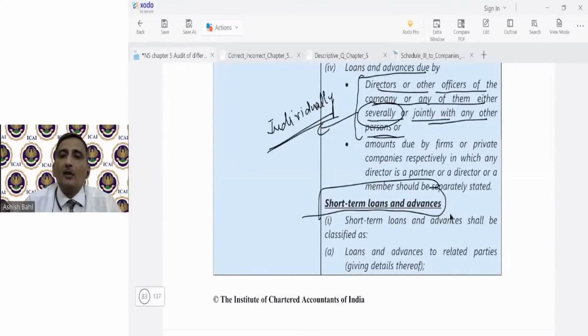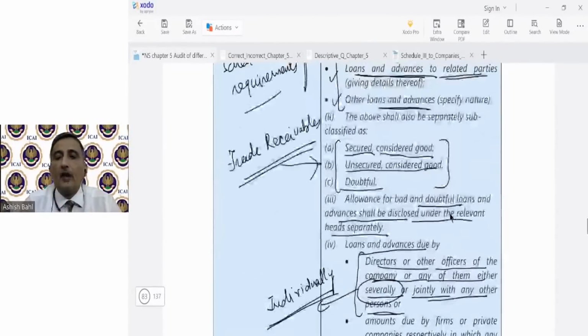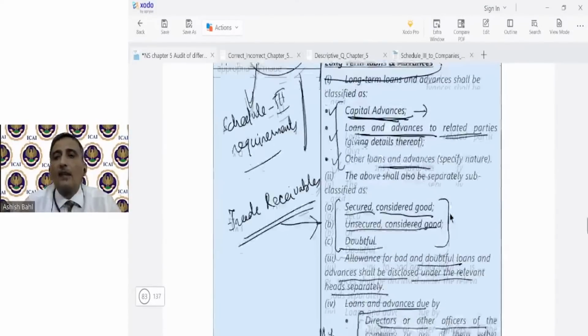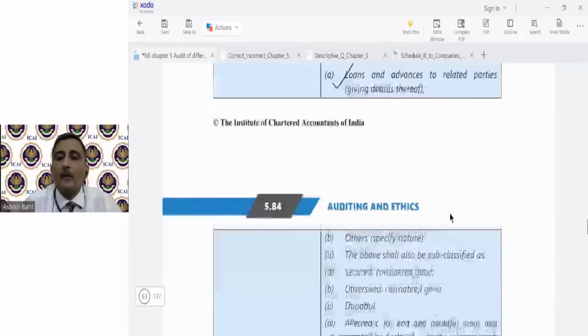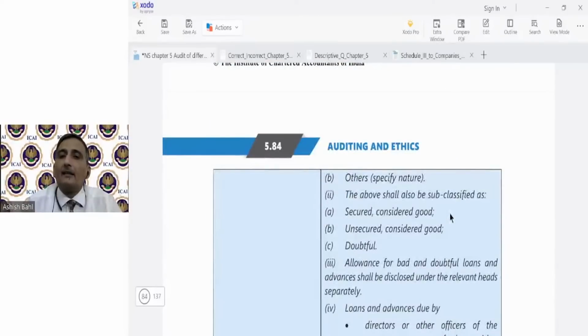So short-term loans and advances. So this was the requirement about long-term loans and advances, and now short-term loans and advances. These are also classified on similar lines, like loans and advances to related parties and others.